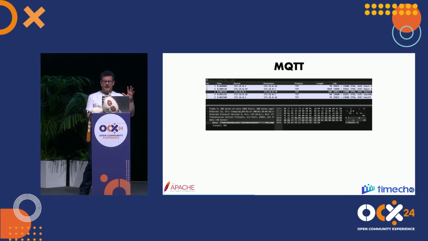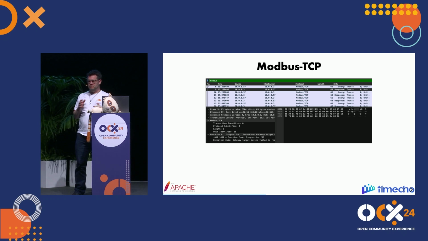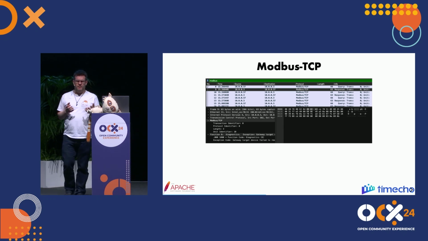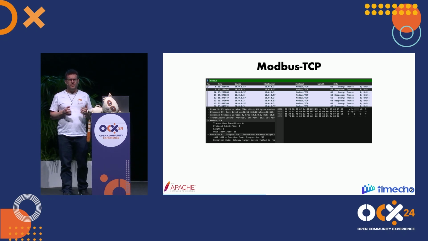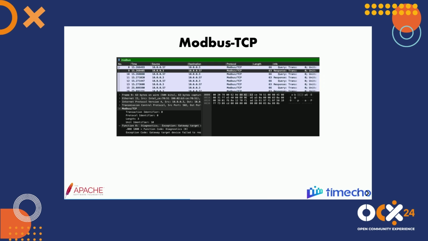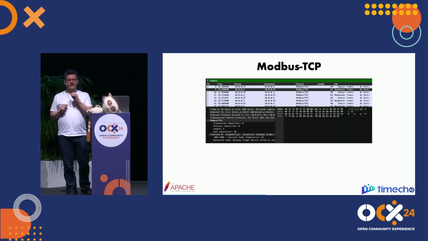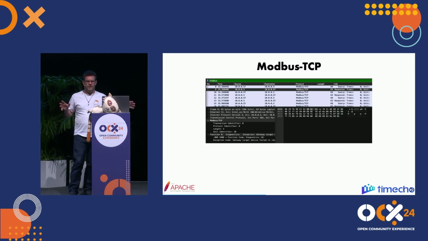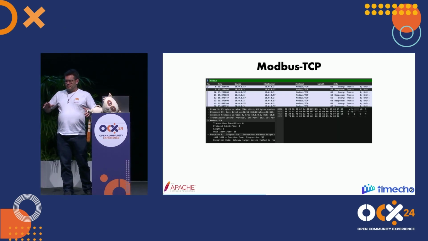Now, if we have a look at Modbus TCP, one of the most simple industrial protocols that we support, here you can see it's 63 bytes. Also for transferring just one bit. But I think you can imagine if you're transferring loads and loads of different data points on your network because you want to do some machine learning, predictive maintenance, whatever.